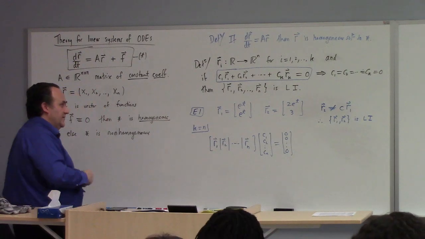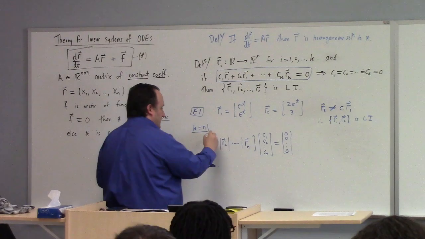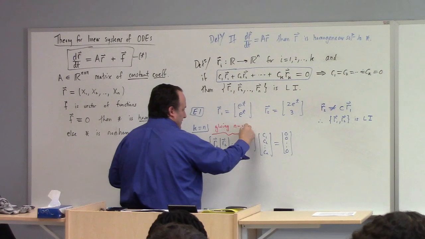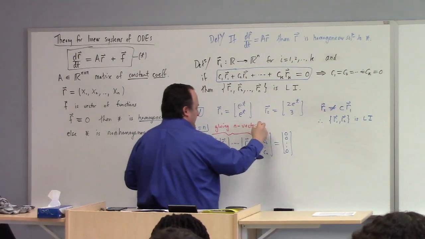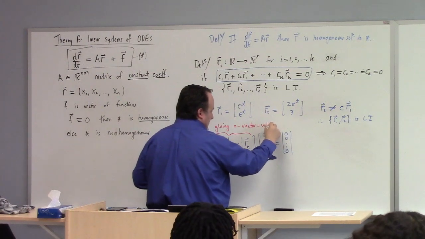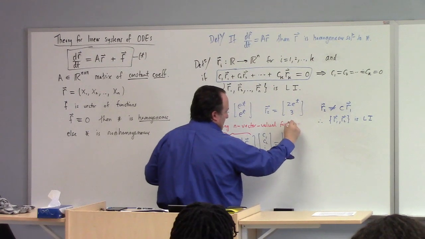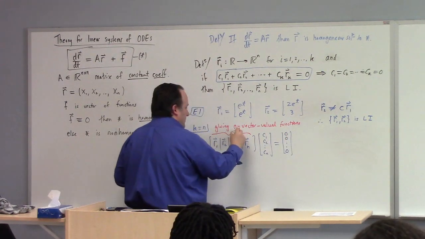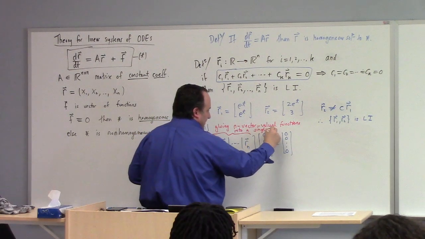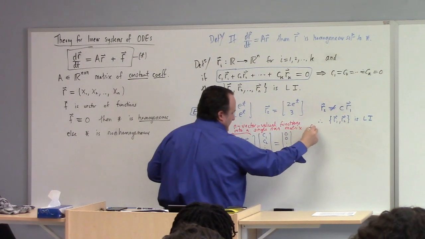So what I'm doing is supposing we take these n functions and glue them together, gluing my n vectors, vector-valued functions, into a single n by n matrix of functions, all right?